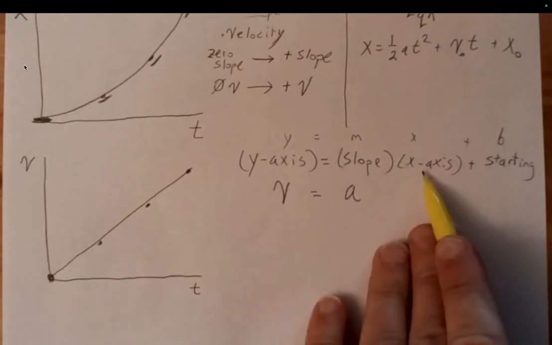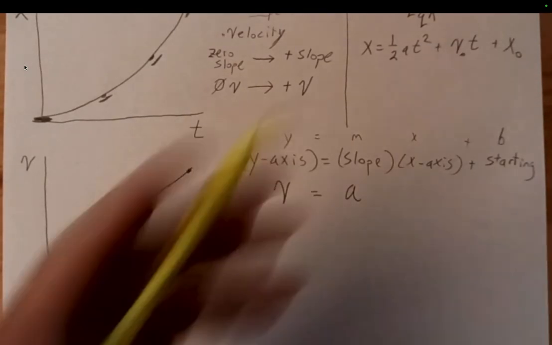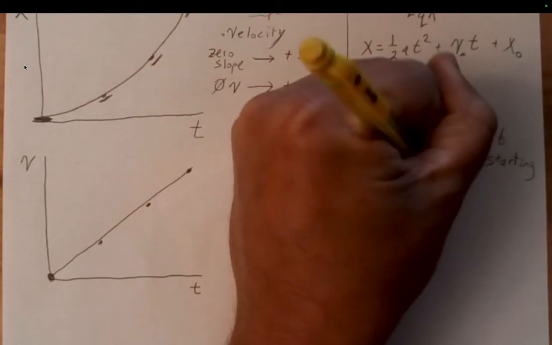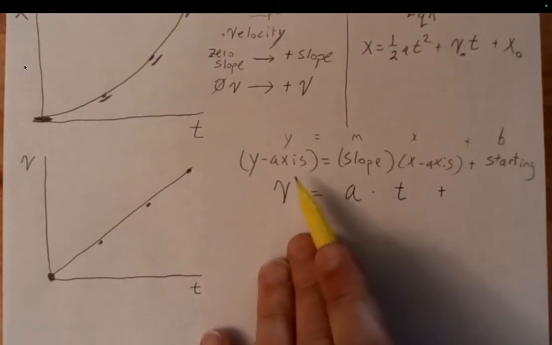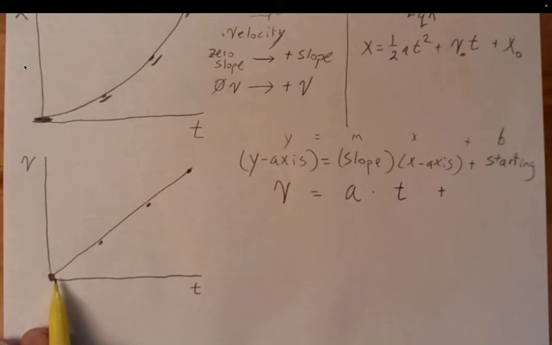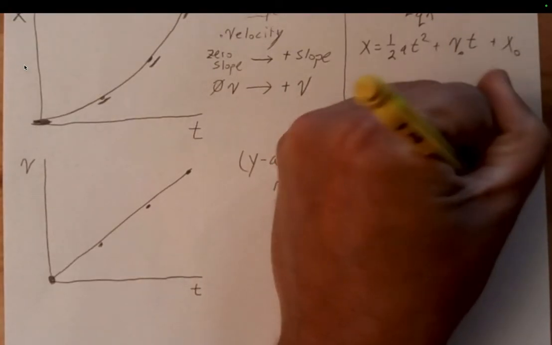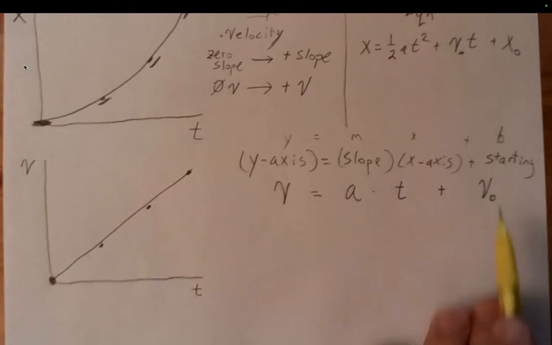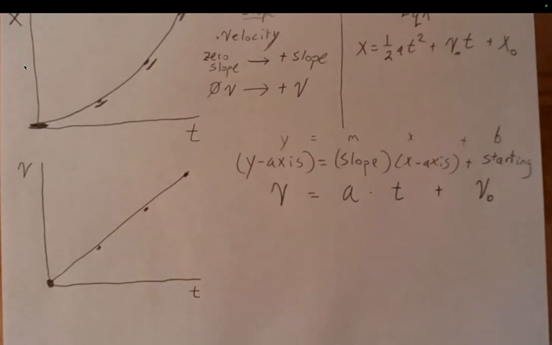And on the x-axis, we have this time, t. So a times t plus the starting for the y-axis, where the starting y-axis is going to be the initial velocity, and we write this as v0, or the velocity at time equal to 0. And we call it v naught or v sub 0. If you like writing it as v sub i as initial velocity, sometimes that also helps. But now we have this v equals a times t plus v naught.